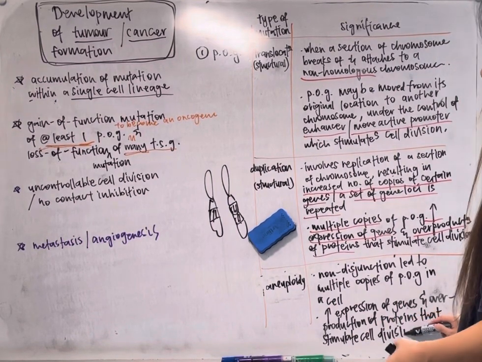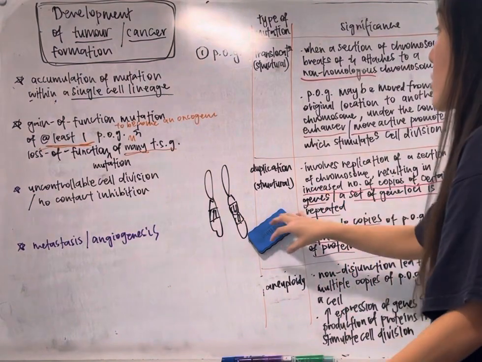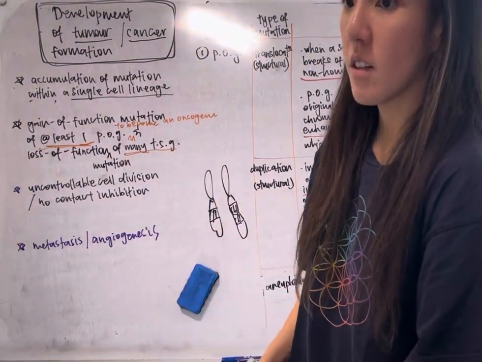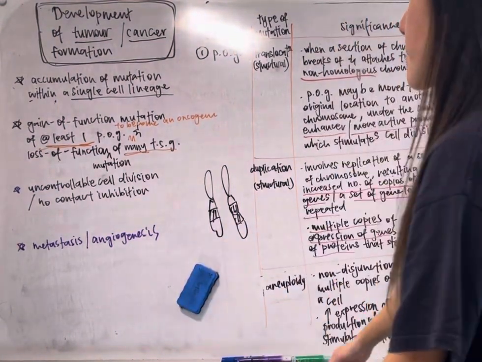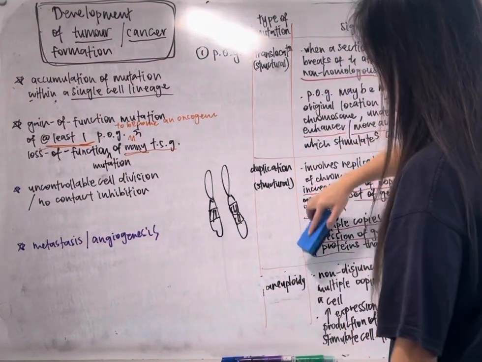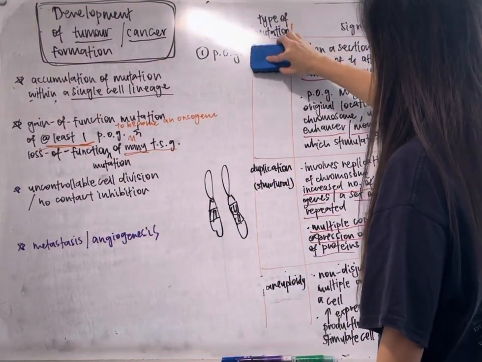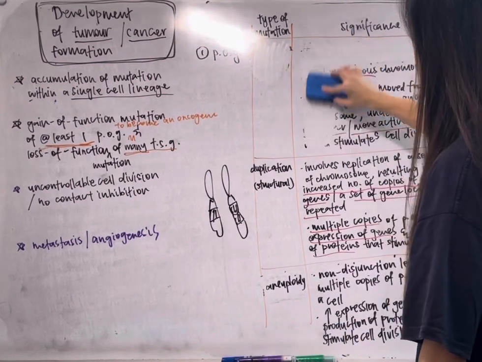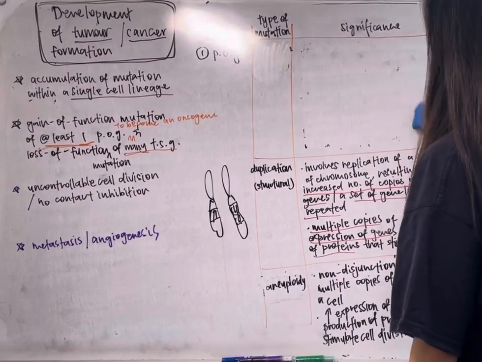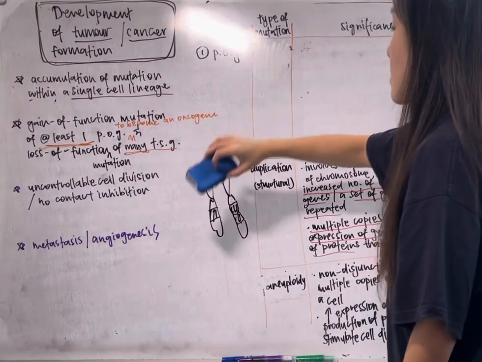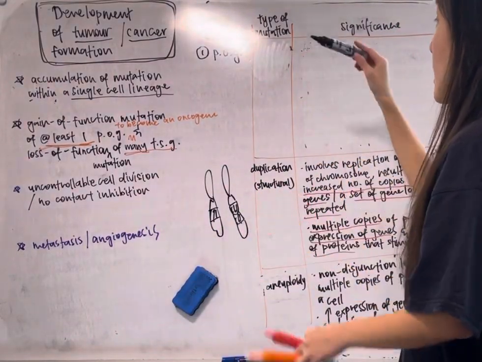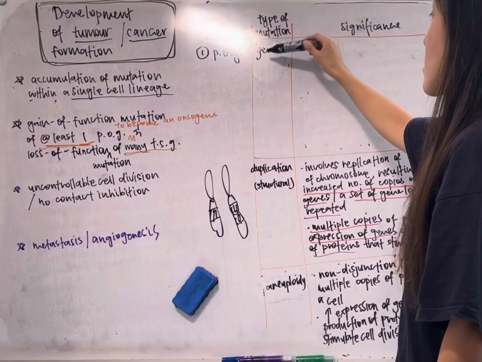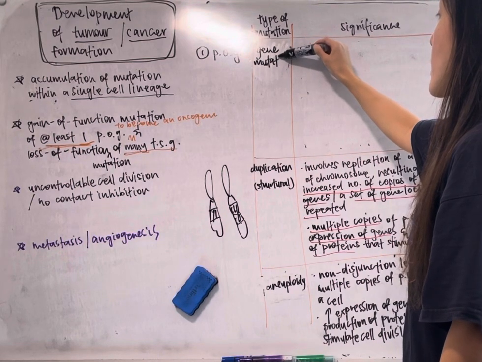Actually, can gene mutation also bring about a proto-oncogene becoming an oncogene? Can. So what kind of mutation? So far we did chromosomal mutation. I'm going to do gene mutation now. Gene mutation can occur in two ways.